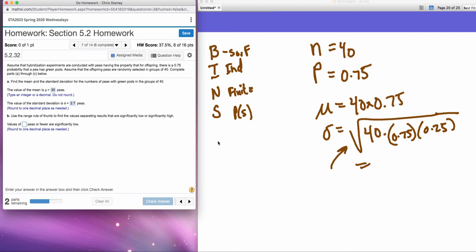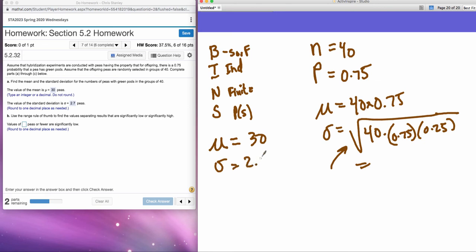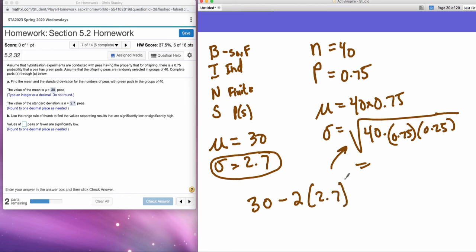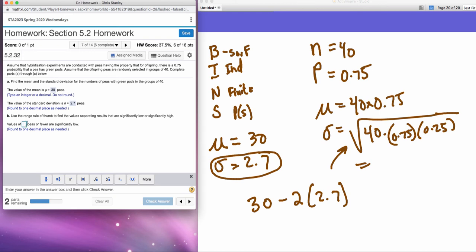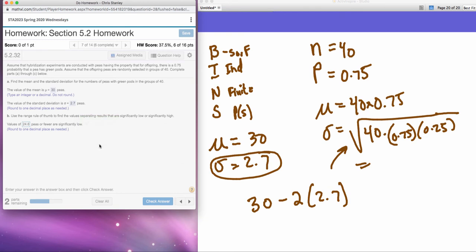Okay, so the rule of thumb is mu equals 30. Standard deviation was 2.7. So now we could go up 2 of these and down 2 of those. Significantly low would be 30 minus 2 times 2.7, which gets 24.6.